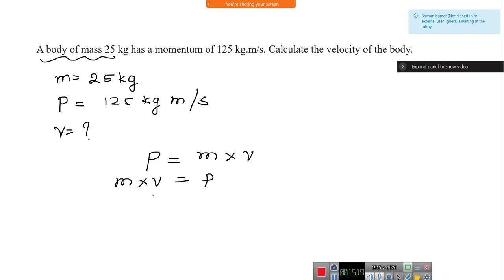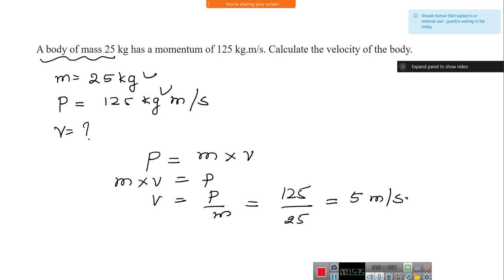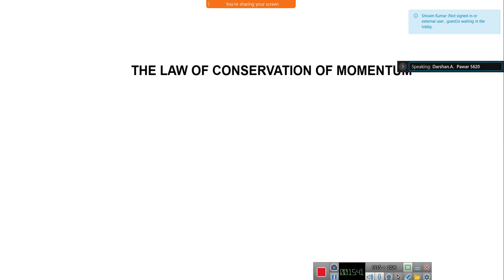So v is equal to p divided by m, which is equal to 125, both are in proper SI units, divided by 25, that is equal to 5 meter per second. So these are the simple problems which you should remember before we go for the conservation of momentum.